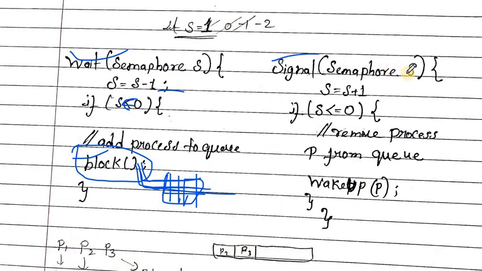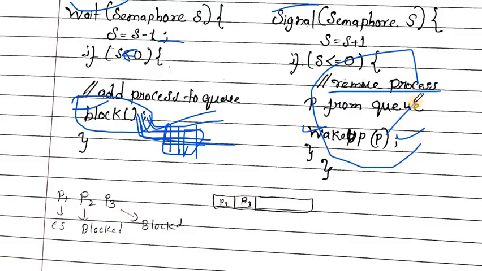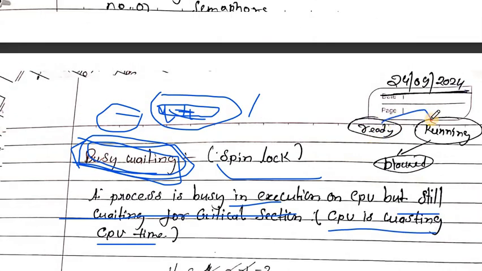Now the modification in signal: if the value of S is less than or equal to 0, remove a process P from the queue and wake it. So wait blocks the process, and the signal function wakes the process. After waking, the process comes into the ready state and then goes to the running state.